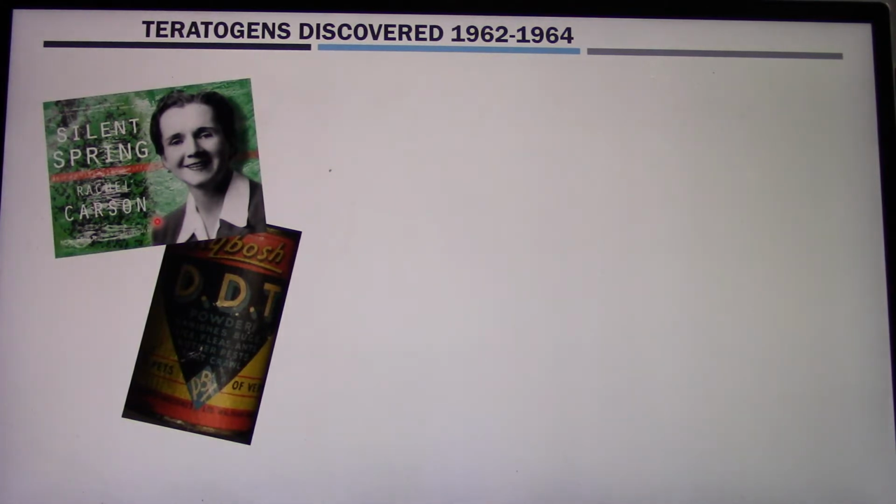And she wrote a book called Silent Spring, and naturally as a woman she was chastised and ignored, but she was absolutely right. And she focused on DDT, which is a chemical that was used to reduce the spread of malaria, for example, by killing the host. And the host is mosquitoes.